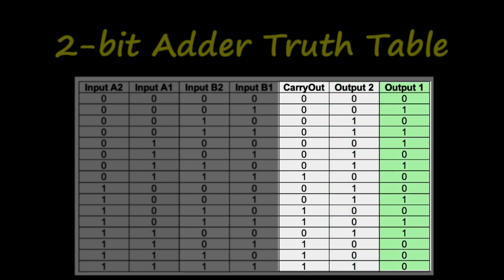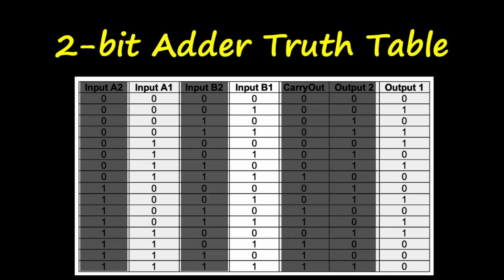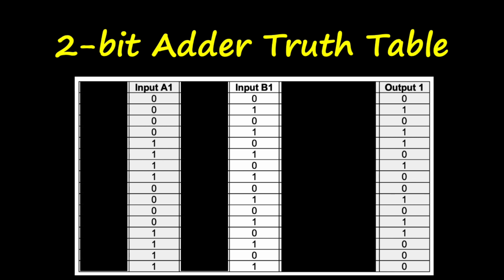Once again, an easy way to approach the schematic design of the entire function is to design the schematic for each individual output, and then combine the schematics. Taking this approach, we see that the 2 low-order bits behave in the same manner as the single 1-bit adder. That is to say, that output 1 for the 2-bit adder is the same as the output for the 1-bit adder.